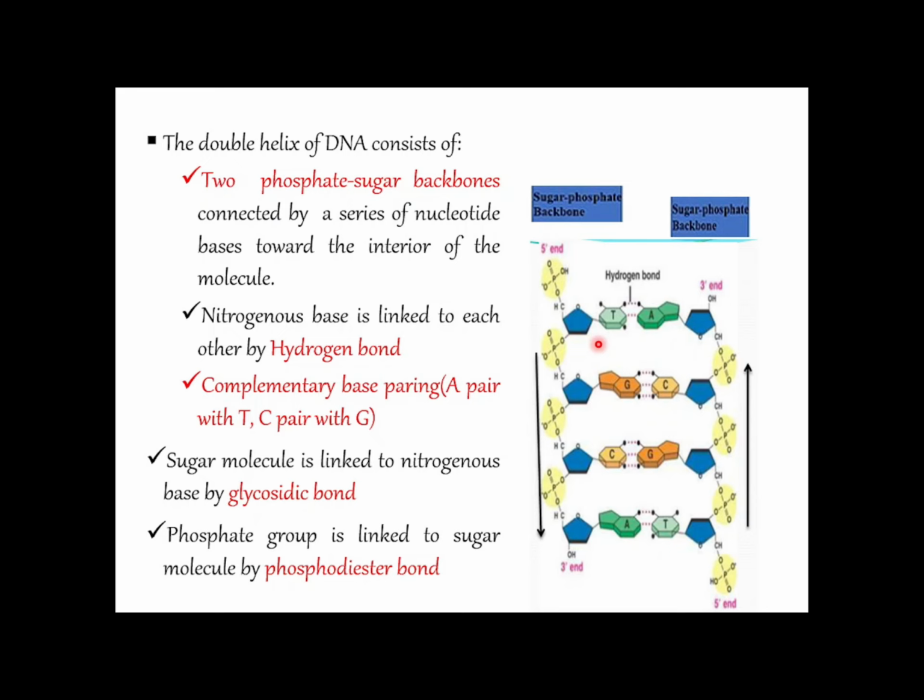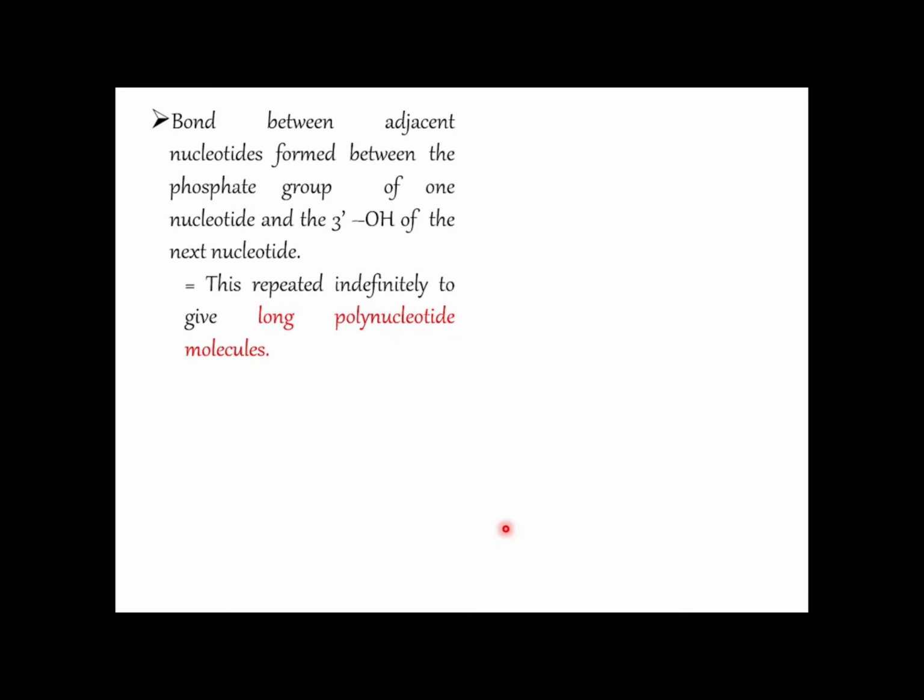In replication, a new nucleotide will be attached at this position. Because of that reason, it is synthesized from 5' to 3'. In such a way, it forms what we call a polynucleotide.